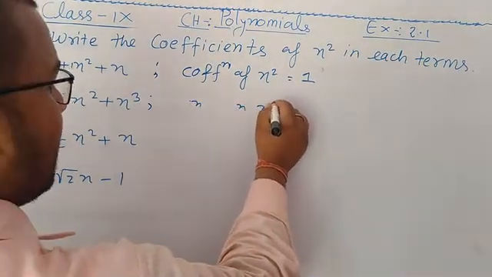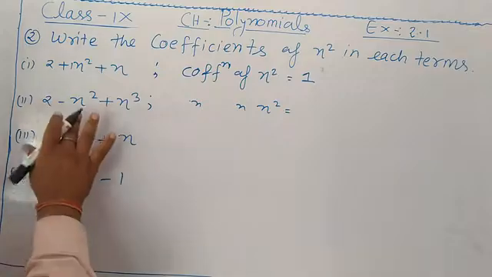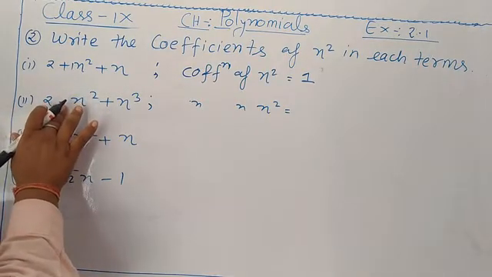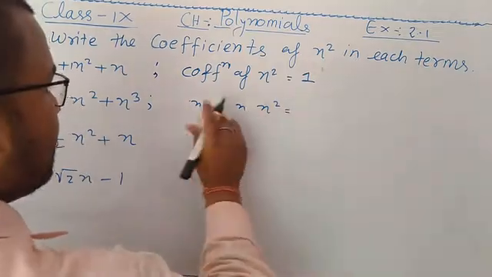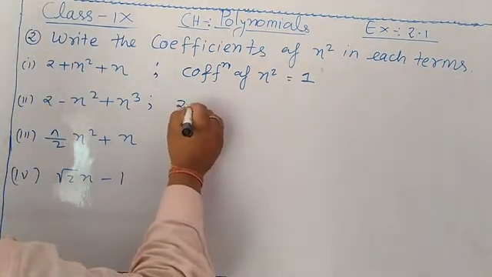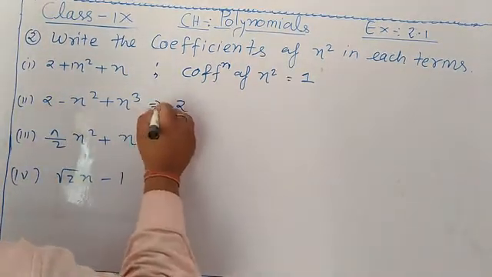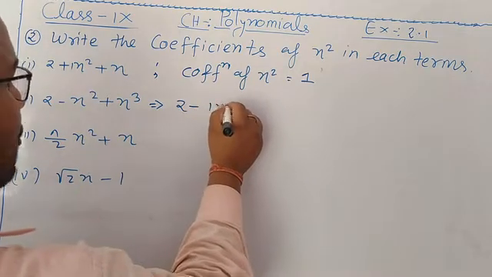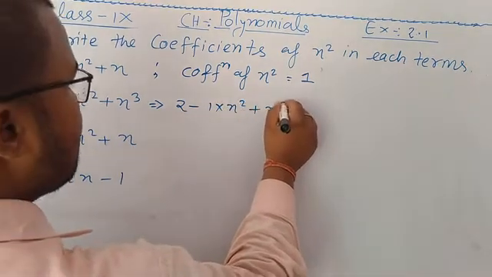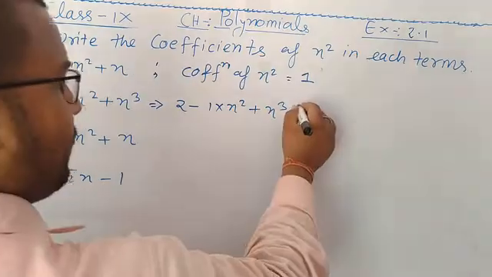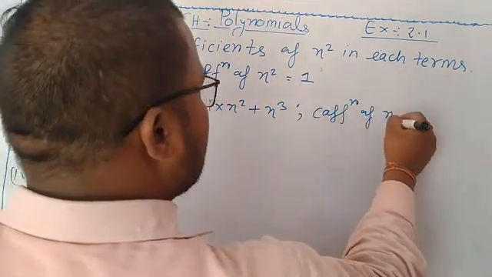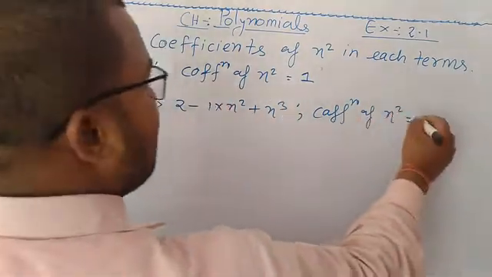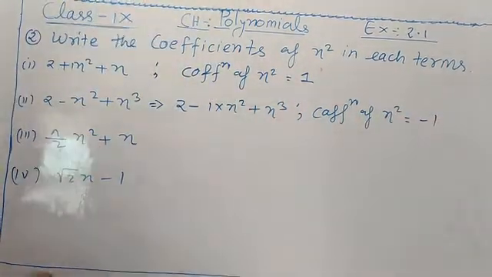Next question, coefficient of x square, question number 2. The coefficient of x square is also -1. 2 minus 1 into x square plus x cube. To find the coefficient of x square, it is equal to -1, student.